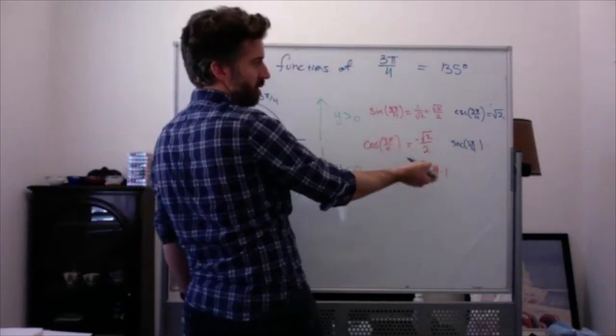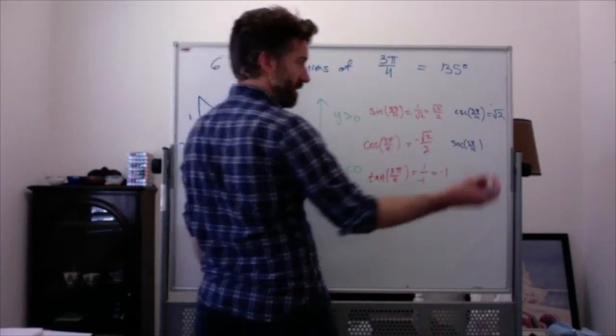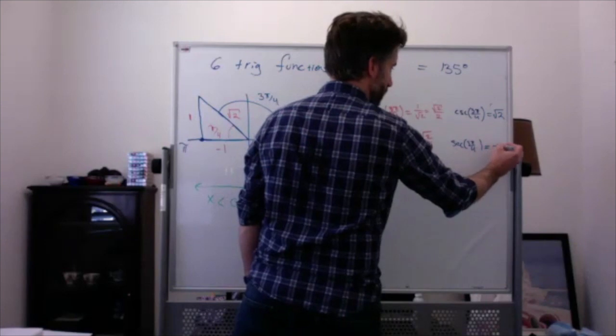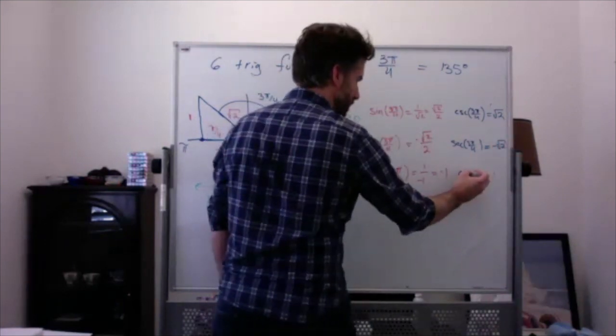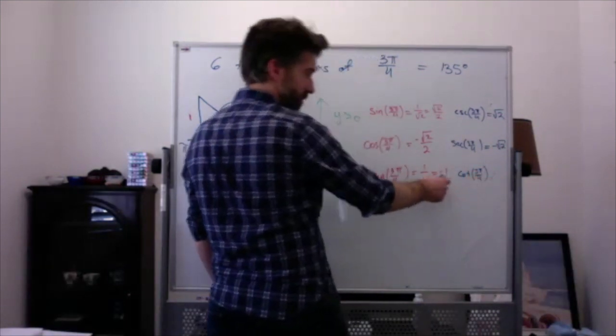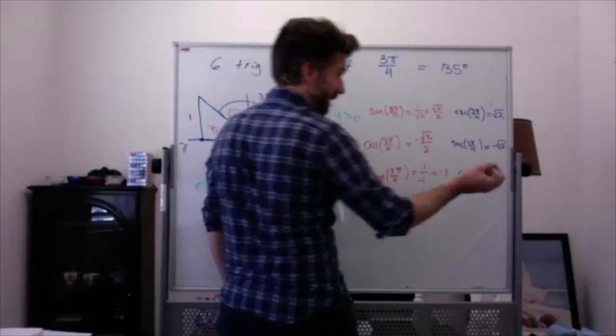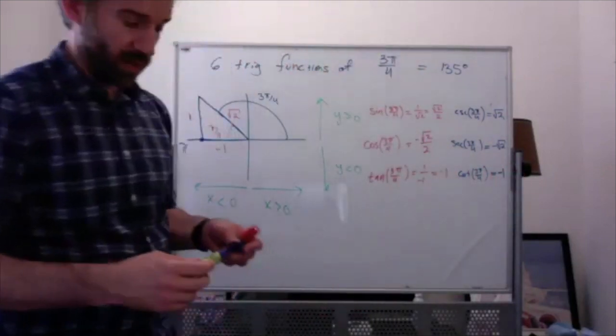So instead of being -√2 over 2, it's going to be -2 over √2, or -√2. And finally, cotangent of 3 pi over 4 is going to be the reciprocal of -1, which is still -1. Right? 1 divided by -1 is still -1.